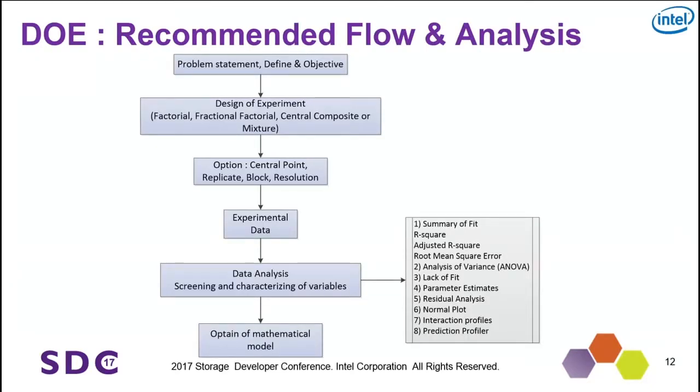So the recommended flow, this is what I have been using. It's high level. I always start with the problem statement. Let's say a performance engineer approached me, asking how to tune a cluster with Ceph. I'm going to ask for details like what the problem behind is, define the boundaries, and get out the objectives, everything, because this stage is very important.